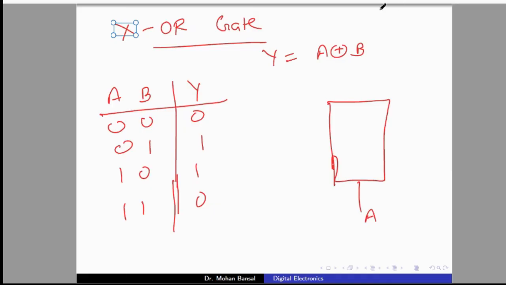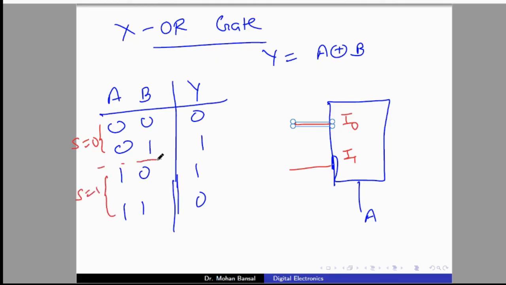Now we'll find out the value of I0 and I1 in this case again. This is s equal to 0, and this is s equal to 1, because s equal to A. Now here we can see y is equal to b, so you can write I0 equal to b. Here for s equal to 1, b is 0, y is 1; b is 1, y is 0.